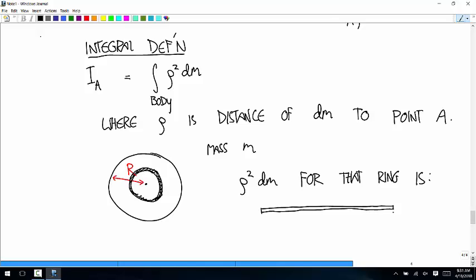It's a trapezoid, but it's infinitesimally thin, so the difference between the trapezoid and the rectangle goes to 0 as you get smaller and smaller. Yes, in this case, yes. And so the thickness we'll call dr. The length is the circumference, so that's 2 pi r.